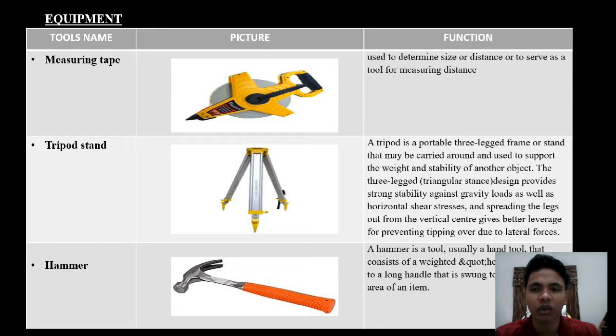The three-legged triangle stand design provides strong stability against gravity loads as well as horizontal shear stresses, and spreading the legs out from the vertical center gives better leverage for preventing tipping over due to lateral forces.